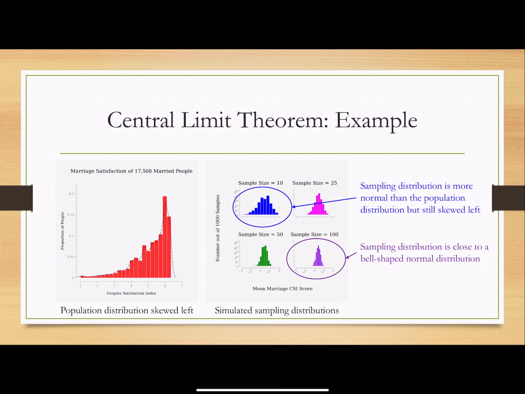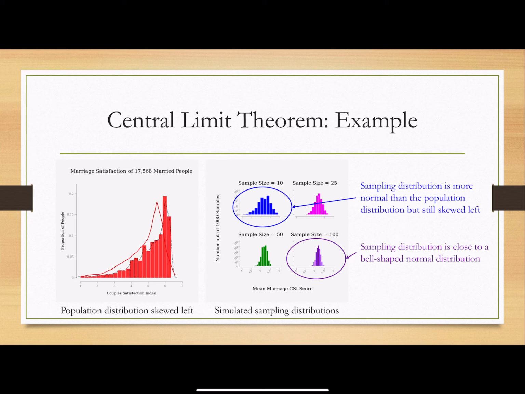So take a look over here. This is a really good example of this. If you look at this red graph on the left, I know it's not that great of a drawing, but this graph is definitely a skewed left graph. Now that is the population.